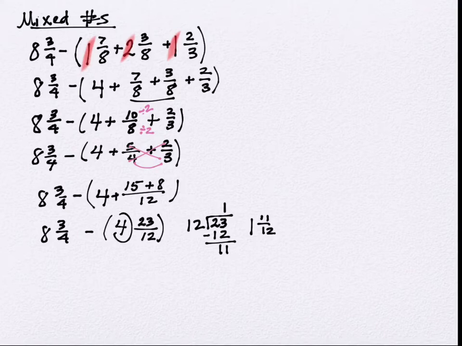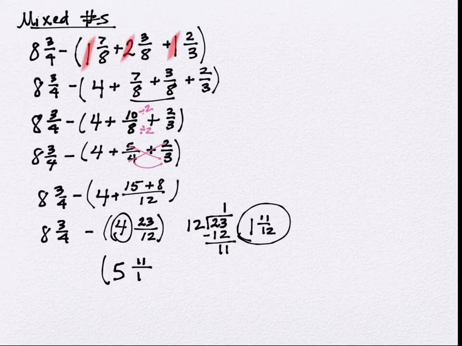So the 4 here adds to the 1 and 11 over 12. So I have 5 and 11 over 12. It's almost like saying I have muffin tins that hold 12 and there's 23 of them, so I have one full muffin tin and I have 11 of the other 12 still filled in.